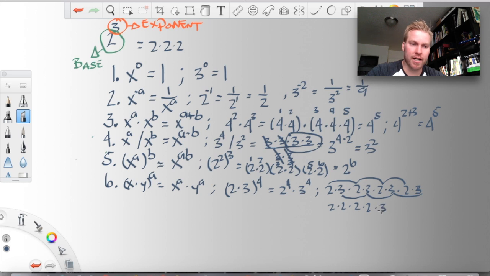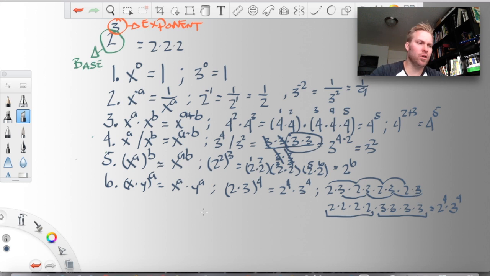So 3 times 3 times 3 times 3. And then we could simplify each one of these pieces right here with an exponent, right? So shorten it up and just communicate how many times to multiply each one of those. And I would have 2 to the 4th, since there's 4 of those, and 3 to the 4th, since there are 4 of those. Okay, hopefully that makes sense, guys.